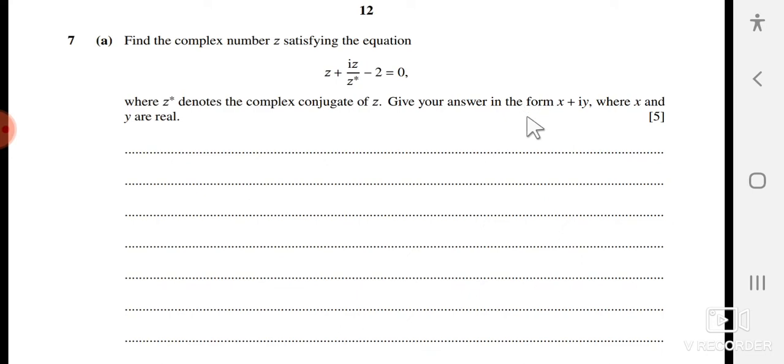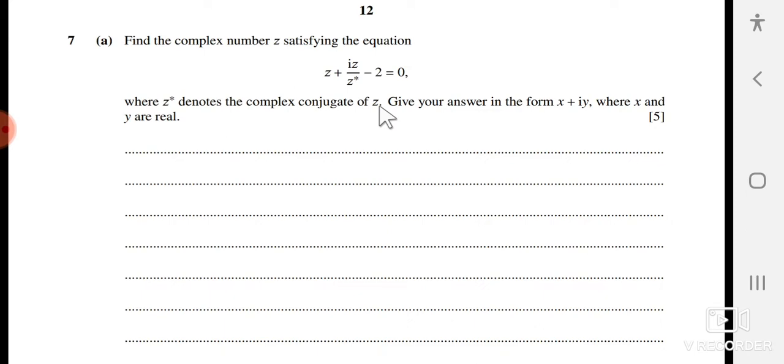Now you have your values of z and z star, plug them into the given equation and simplify, and if 2z star goes to the other side, at the end of the day compare coefficients of real parts and imaginary parts on both sides and you will have your answer.